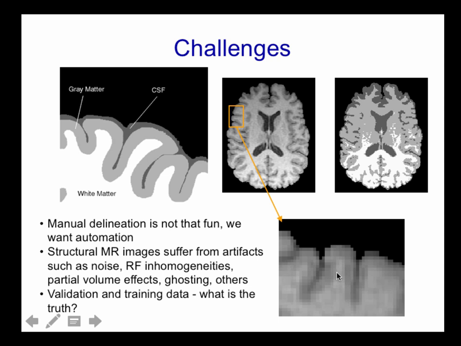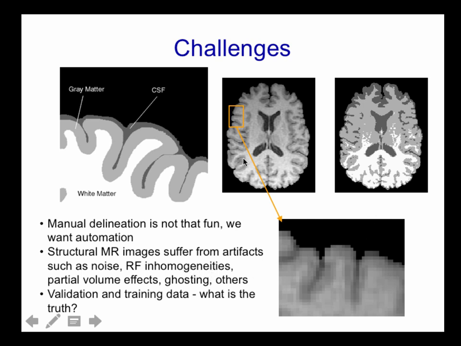Imagine now going through each of these voxels and saying, I want to say this one is probably gray matter and this one CSF. You can see that it can be a maddening process. And that's why we tend to hire other people to do it and not do it ourselves. There are actually companies that do it for you, so that's the great thing.